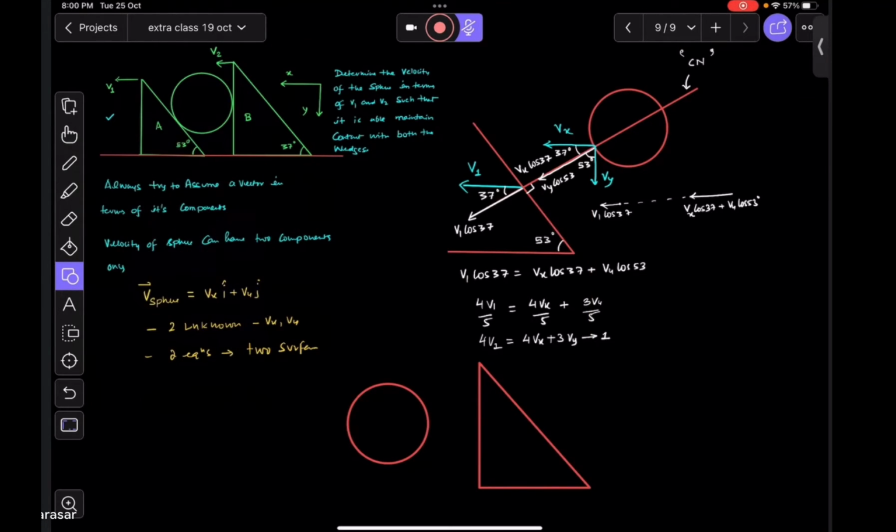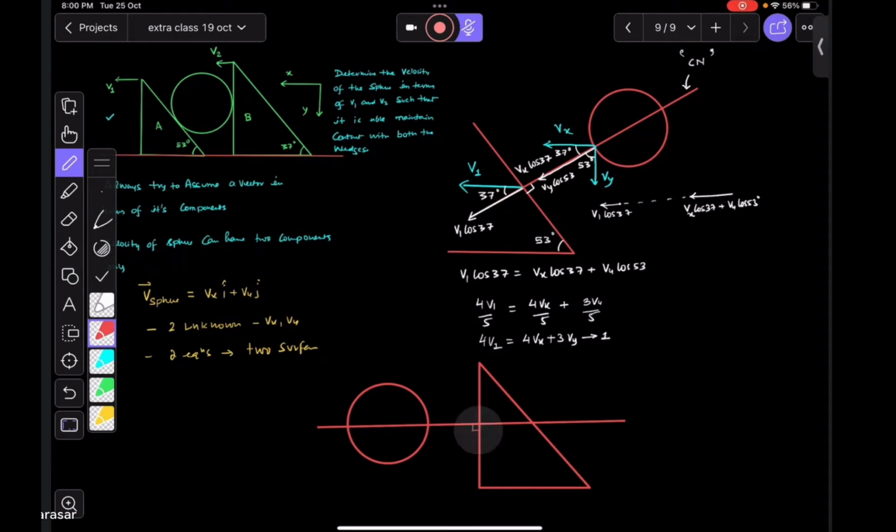Common normal will be nothing but the horizontal only, no? This is going to be our common normal between them. And then you draw their velocities. The point on the wedge B that is in contact with the sphere will be moving with V2, and the point on the sphere in contact with the wedge is moving with Vx and Vy.